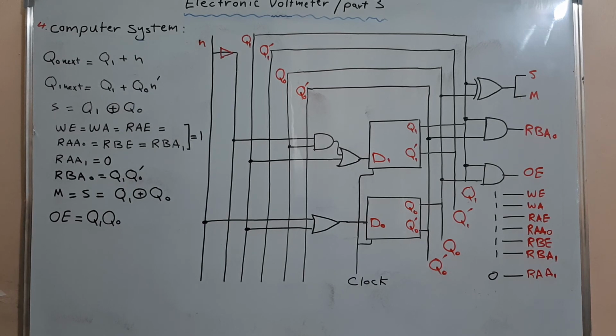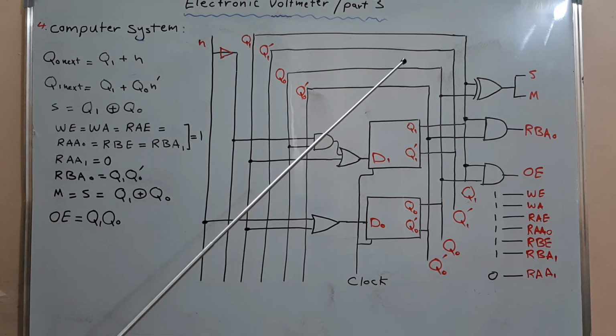So the next state machine that will control our data path is shown in this diagram. It's basically composed of two edge-triggered D flip-flops, a variety of logic gates, and an inverter. The value of D0 will be 1 each clock cycle whenever Q1 is 1 or N is 1. The value of D1 will be 1 whenever Q1 is 1 or Q0 is 1 and N is equal to 0.